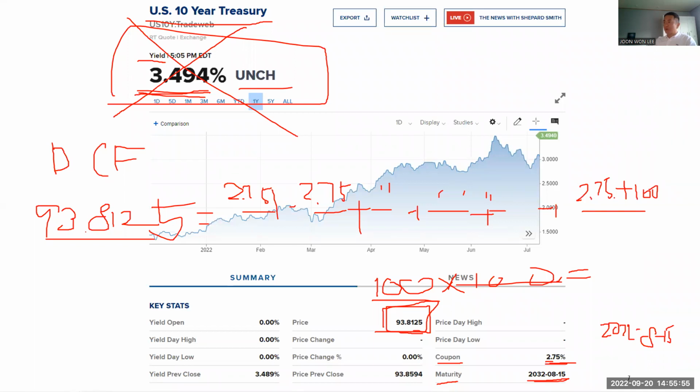So this is the cash flow during the life of this 10-year bond.